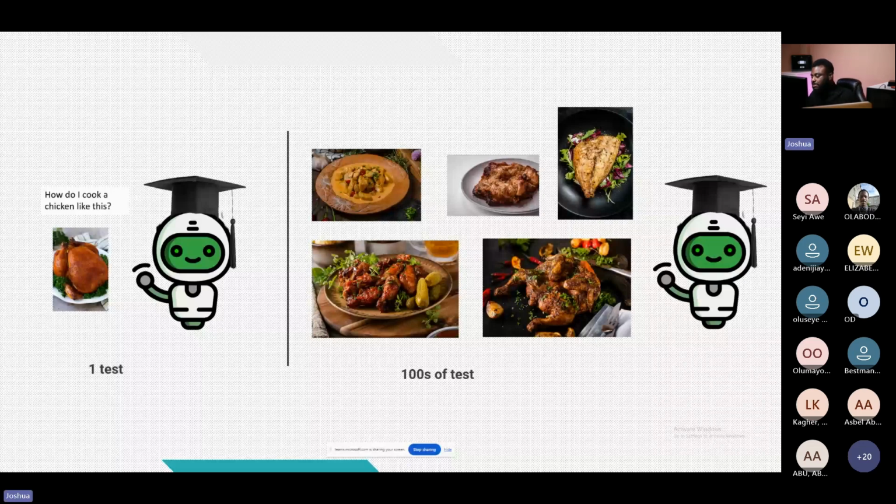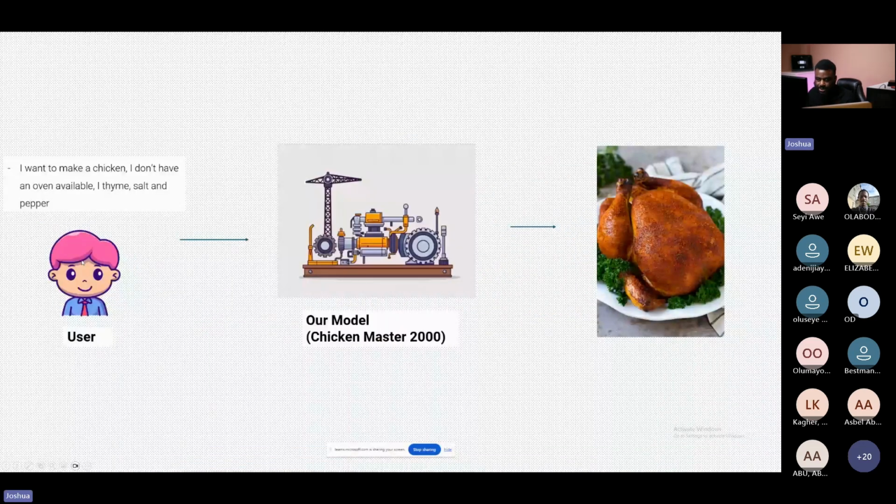So it will keep testing and testing and testing different hundreds of tests. How do I cook buttery chicken? How do I cook chicken wings? How do I cook a whole chicken that is maybe with a smoky flavor? Maybe it's been overcooked a bit to have a smoky flavor. How do I cook this? It will keep on doing these various tests to the point where when you, the user, come and say, hello, Chicken Master 2000, I want to make a chicken.